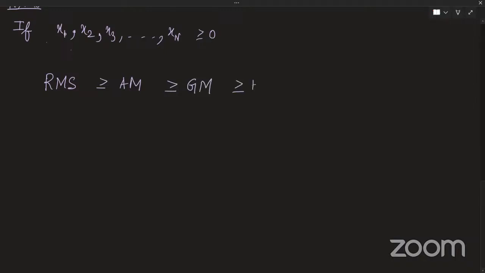If all my observations x1, x2, x3, so on till xn, are positive numbers, they can be zero also, so either positive or zero, then RMS will always be greater than or equal to arithmetic mean, which will always be greater than or equal to geometric mean, which will always be greater than or equal to harmonic mean. Everyone understood this?